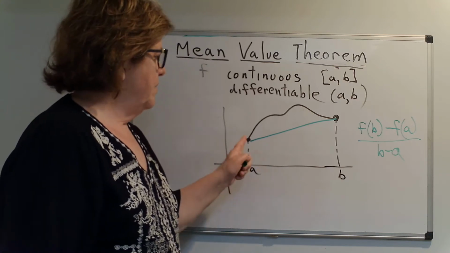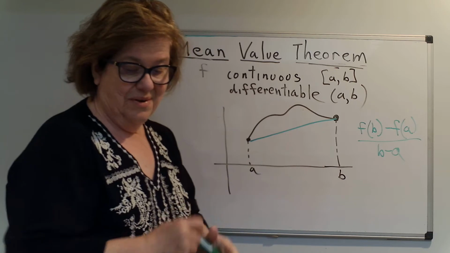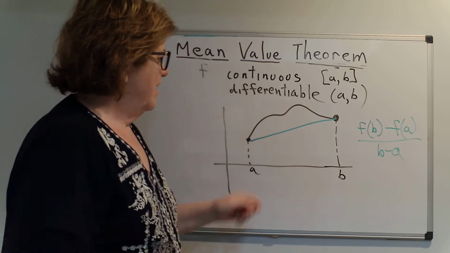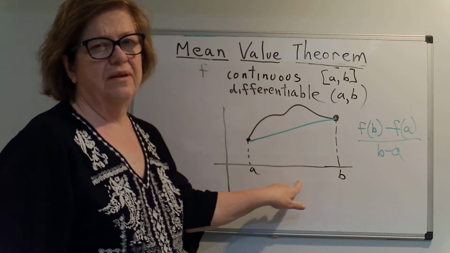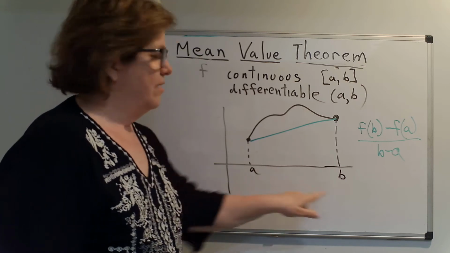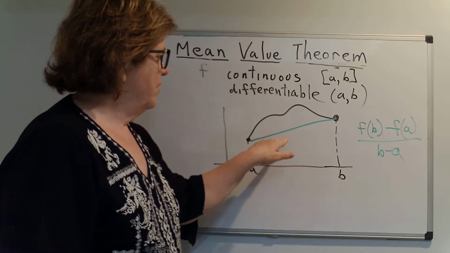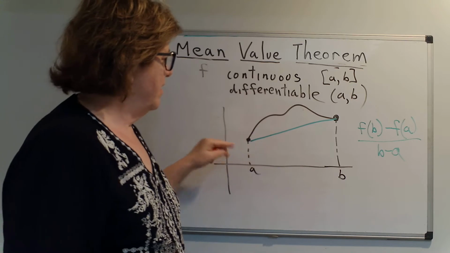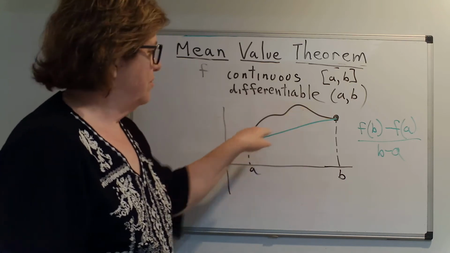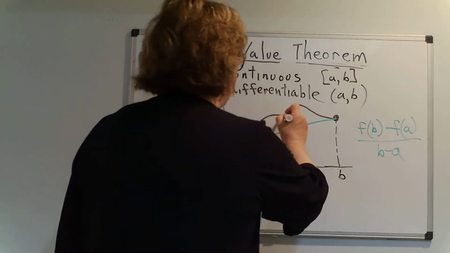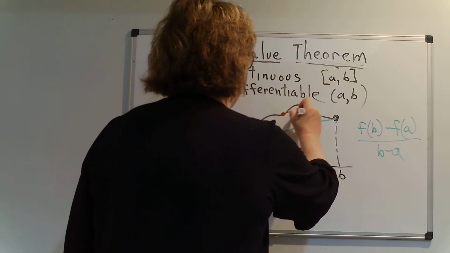Well, it looks to me like, and it should look to you, that there's at least one point inside A and B where the tangent line is parallel to that secant line. So let's say it looks to me like it might be right there.